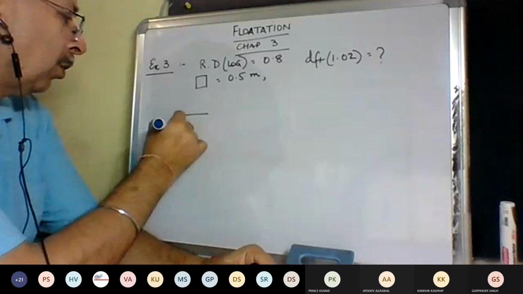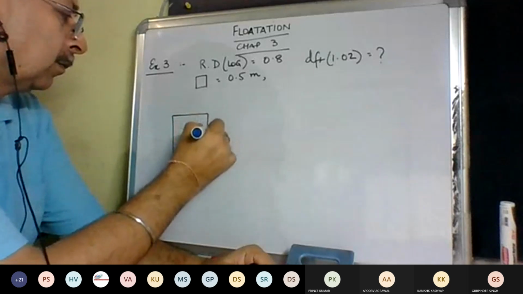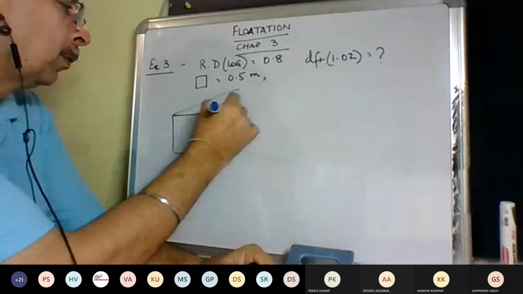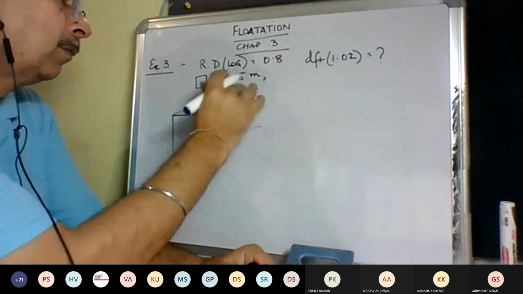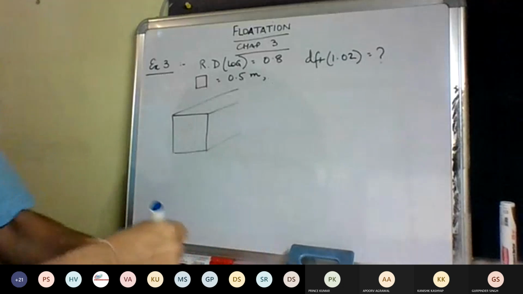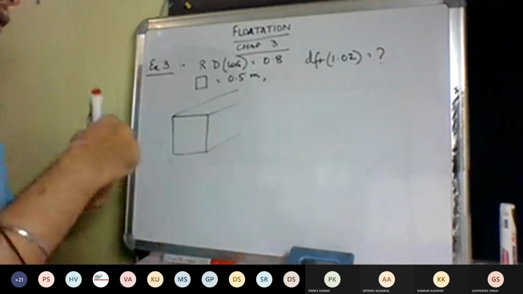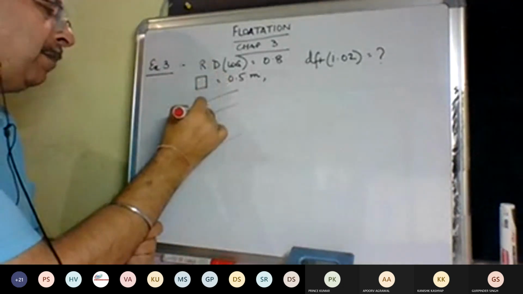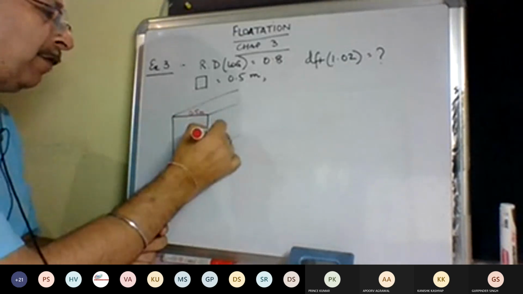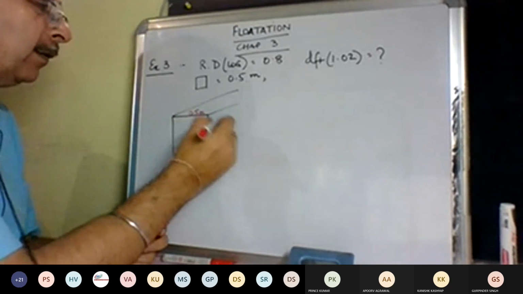So if this be the log, this is a log, and this is 0.5 meters. This is also 0.5 meters, square.